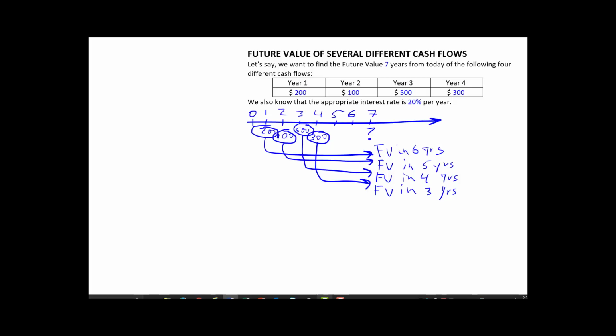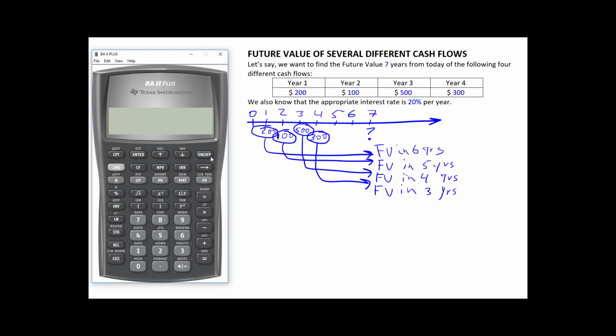Let's bring up the financial calculator. Turn it on. Let's calculate the future value of the first cash flow on our timeline, $200. What will it be 6 years later? $200 negative is our present value, PV button. The interest rate is 20%.